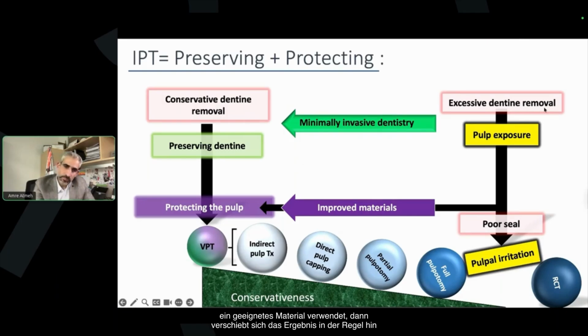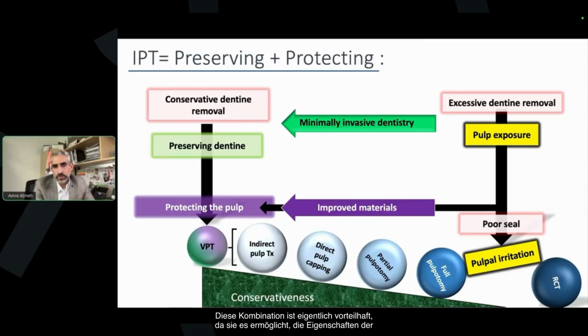However, if the same treatment, even with excessive dentine removal, is done with a proper material, then that will shift the outcome into a more favorable outcome, meaning that you're enhancing the chances of your treatment to be successful. And that's why the material that you're using plays a very important role.